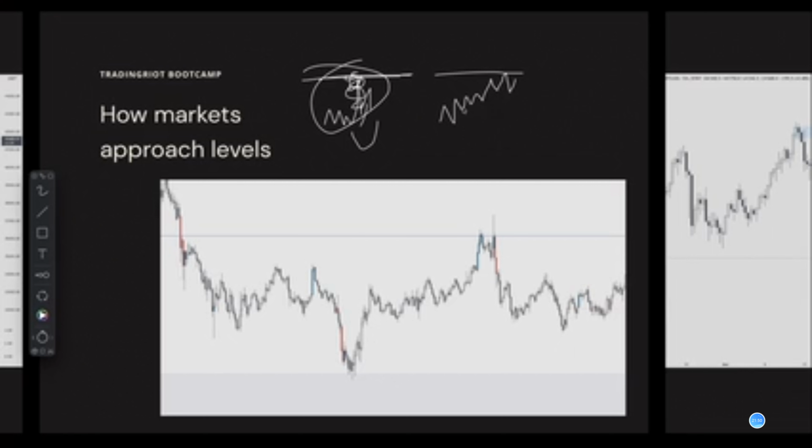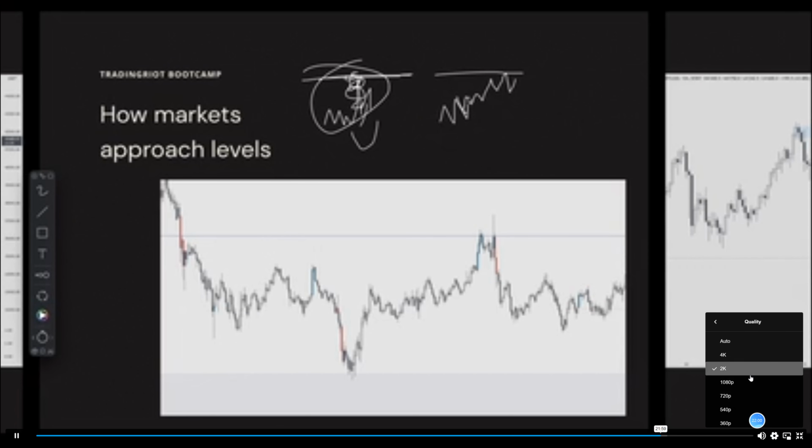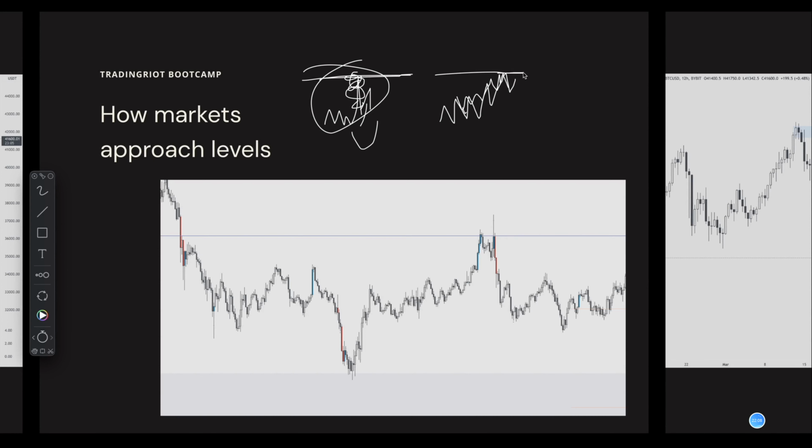grinding. There are going to be examples of compression where this can change a little bit, but if you have just an overall clean slow trend which is just coming into the level, the likelihood of the level holding is not that big, because obviously there is not really anyone who wants to aggressively sell it.